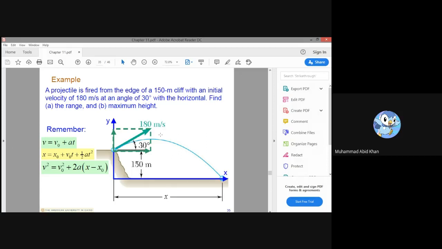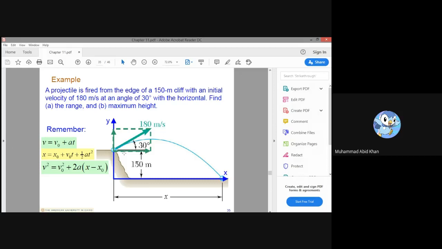At which angle? The angle is given as 30 degrees with the horizontal. That's it. We need to find the range and the maximum height.